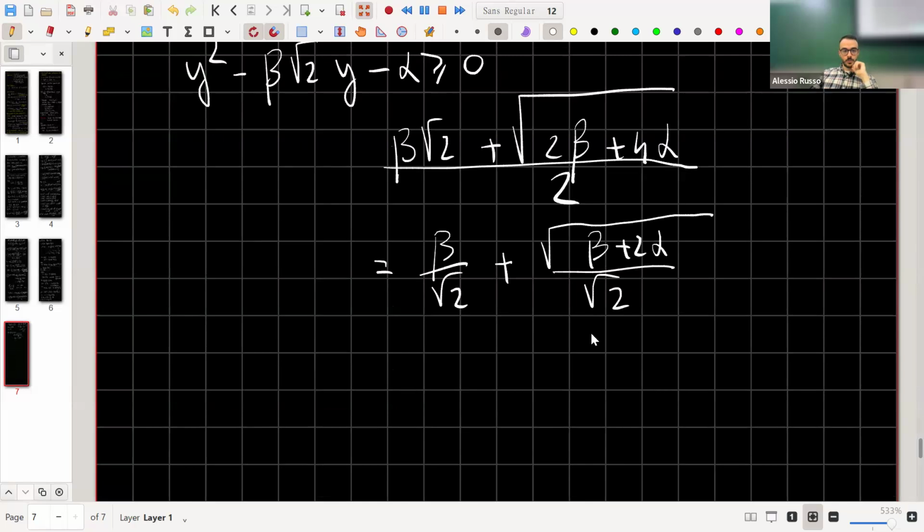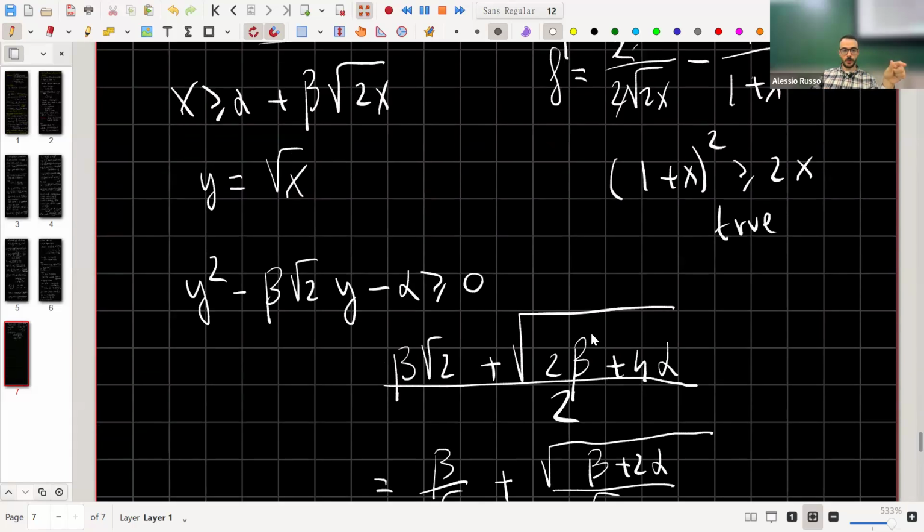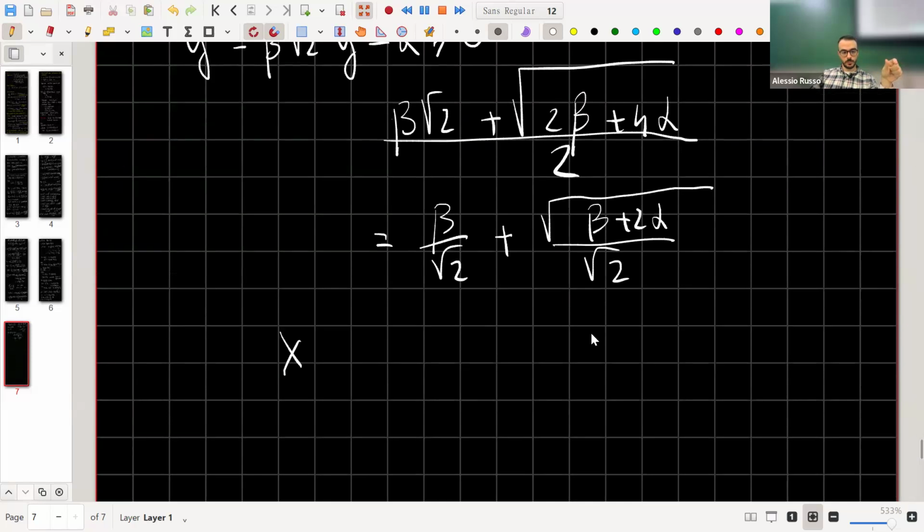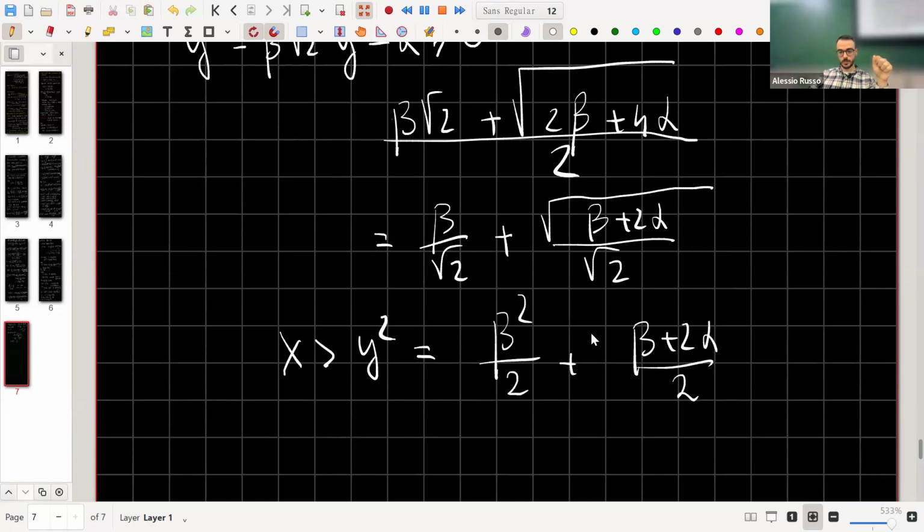And x was equal to y squared, plus the cross product here.